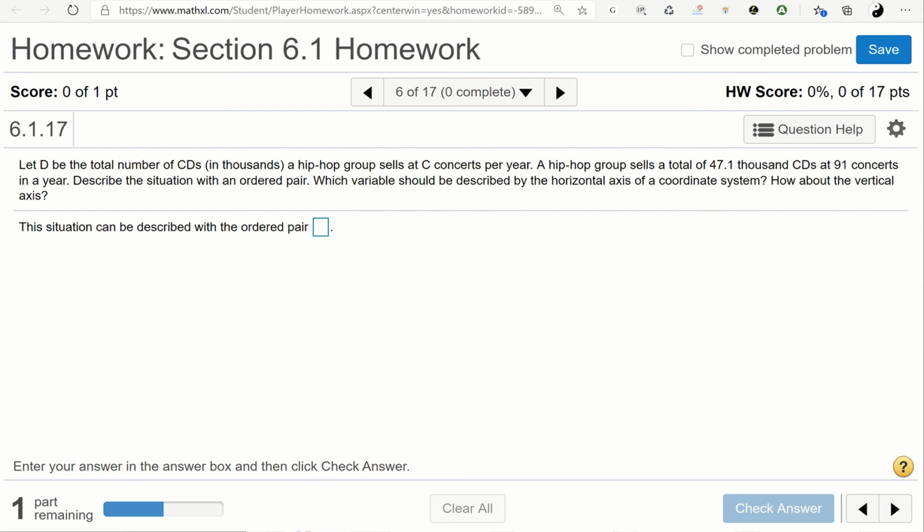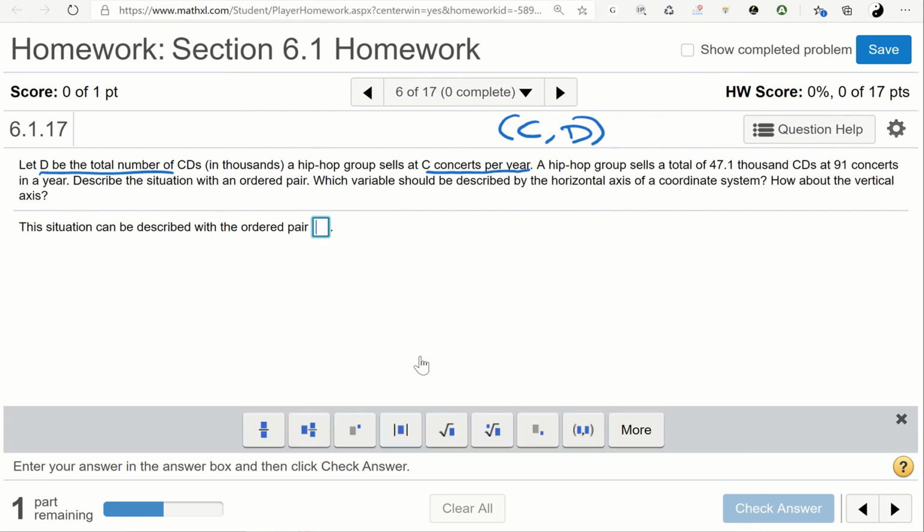In other words, we're going to be interested in ordered pairs of the form C, comma, D. Remember what C stands for, the number of concerts per year, and D is the total number of CDs sold. So we're going to represent this particular scenario, the fact that 47.1 thousand CDs were sold at 91 concerts, using an ordered pair as such.